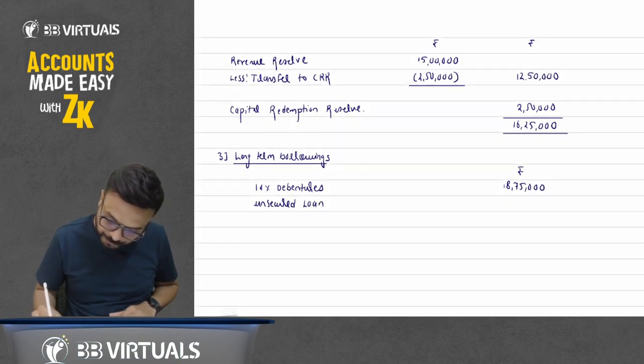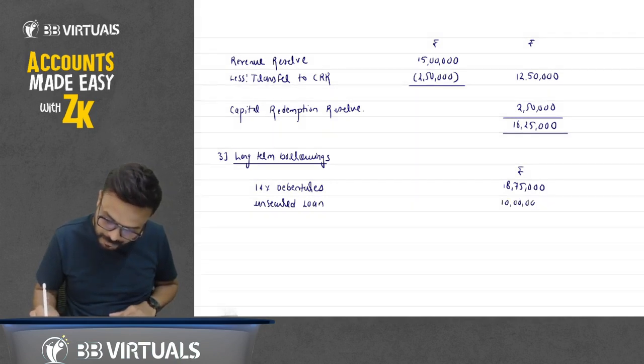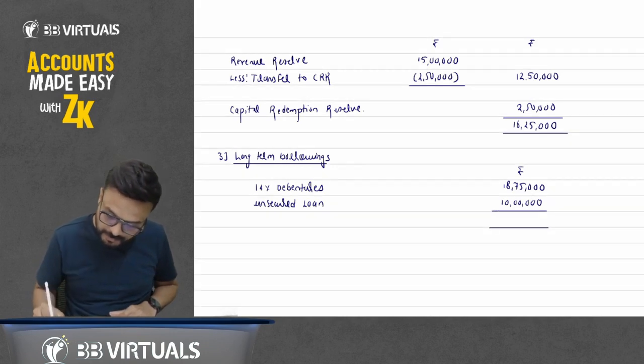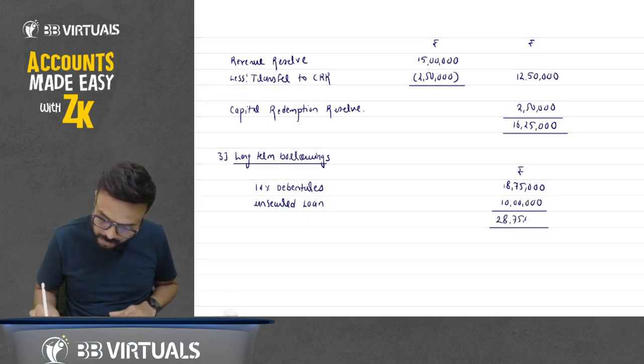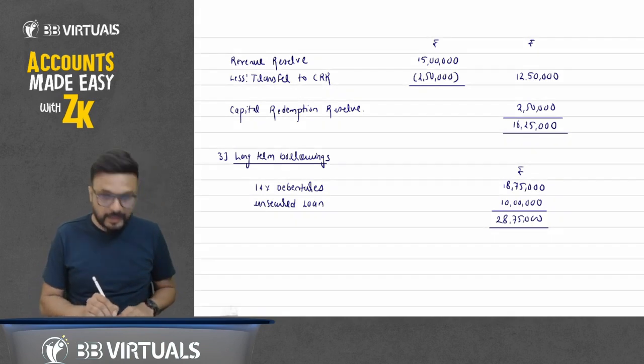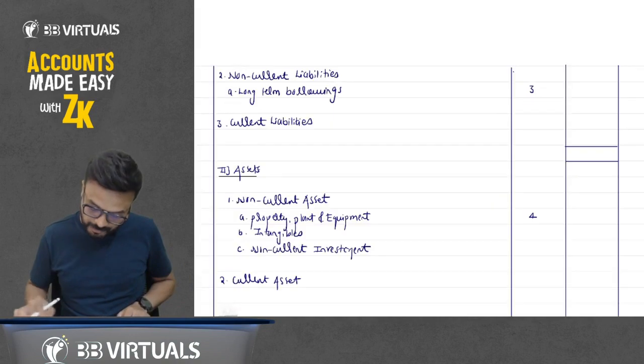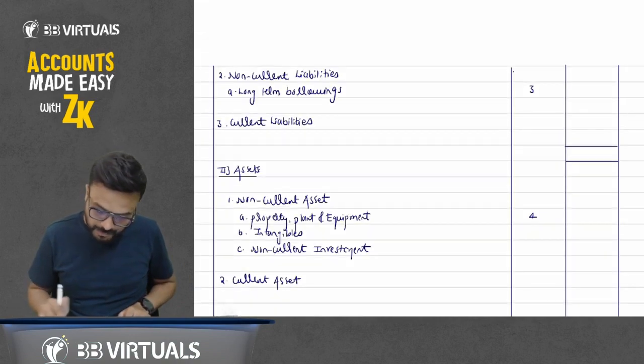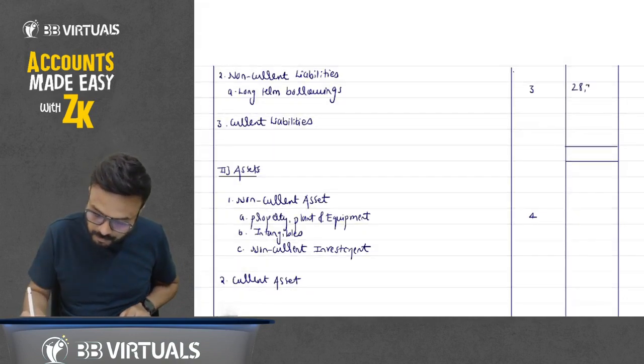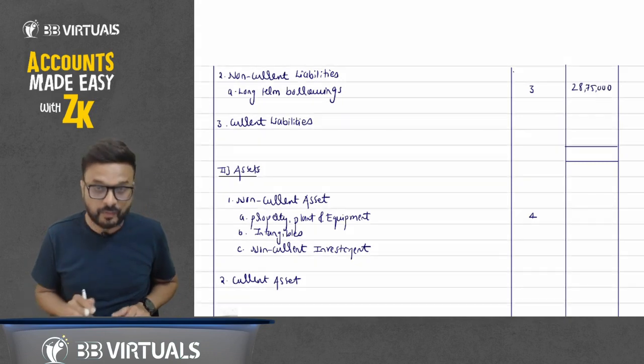Unsecured loan, which is 10 lakh. So total 28,75,000. Write down in balance sheet 28,75,000. Okay.